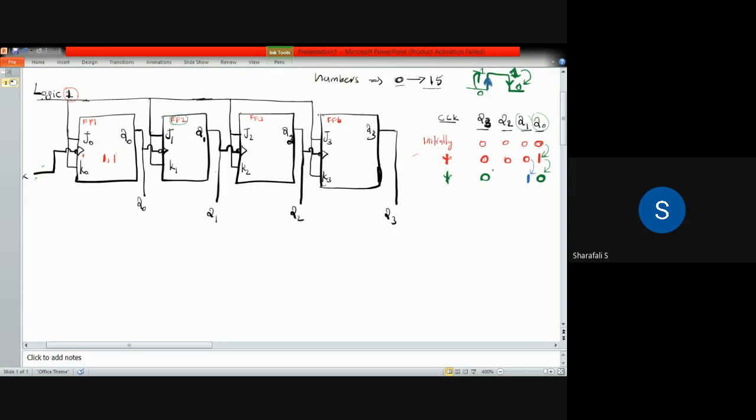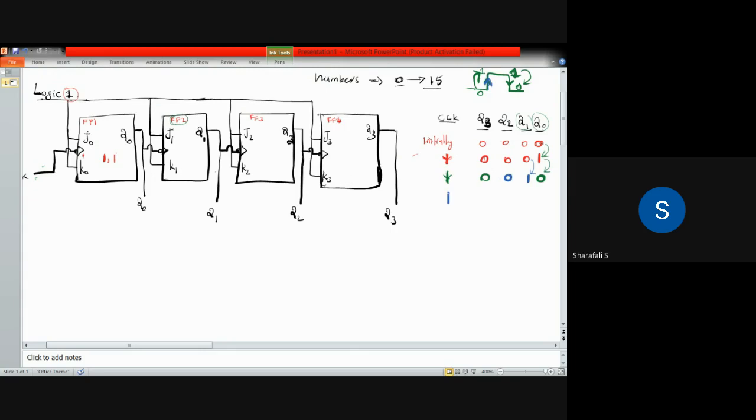So that will not change the output of the third flip-flop.